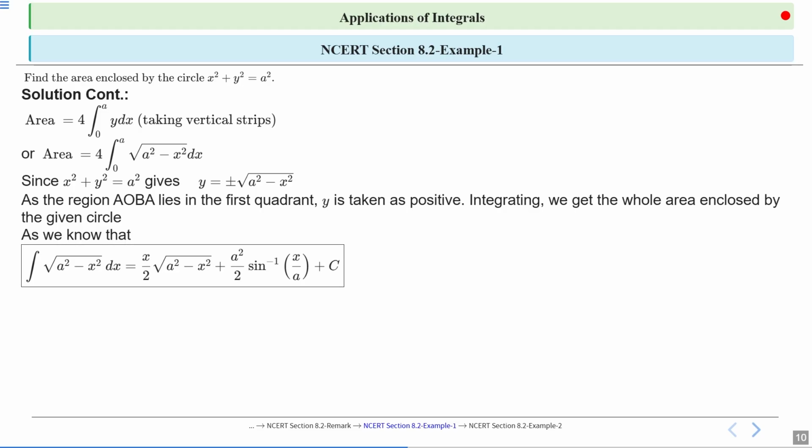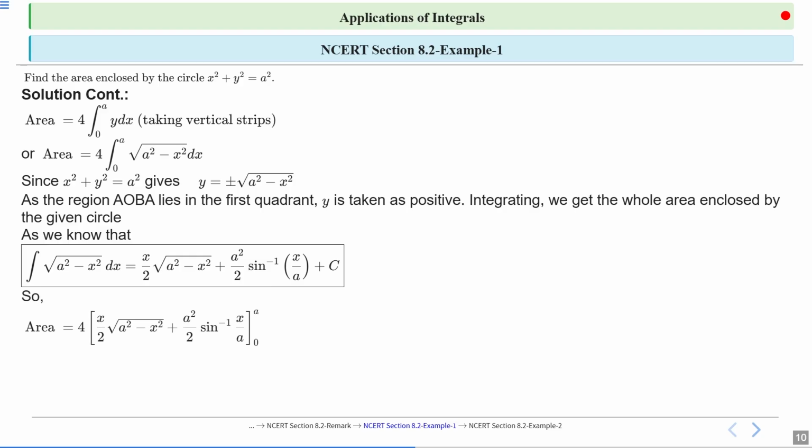As we know, when we integrate root under a square minus x square, we get x by 2 root under a square minus x square plus a square by 2 sine inverse x by a plus constant of integration. So by using this formula, we can find the value of the definite integral from 0 to a of root under a square minus x square.